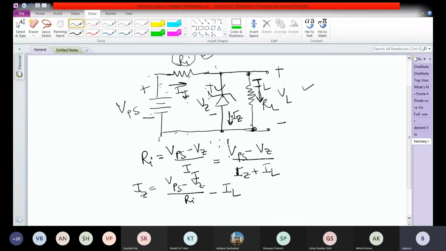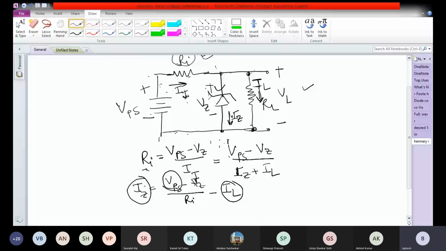So the diode current, Iz, will be minimum when Vps will be minimum and IL will be maximum.